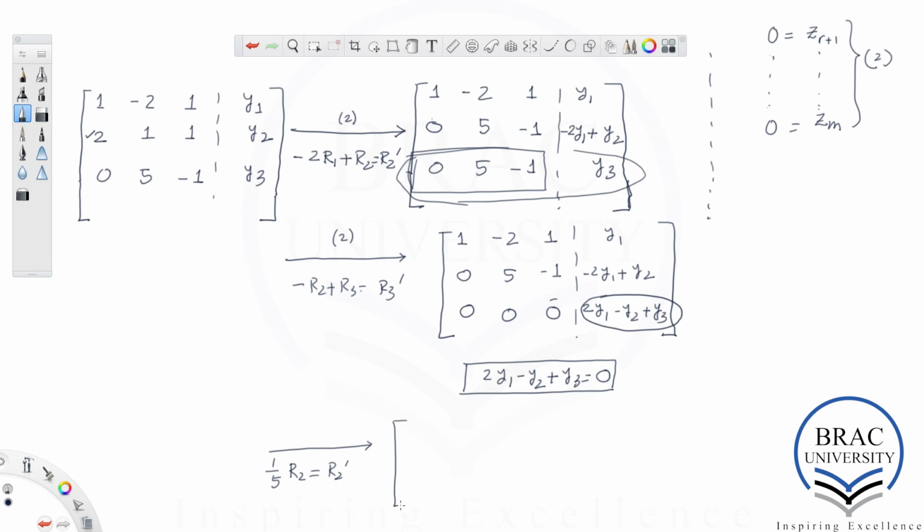That will give us this matrix: 1, minus 2, 1, y1, and this is 0, this is 1, this is negative 1 over 5. Then one has (y2 minus 2y1) divided by 5, and one has 0 0 0, 2y1 minus y2 plus y3.